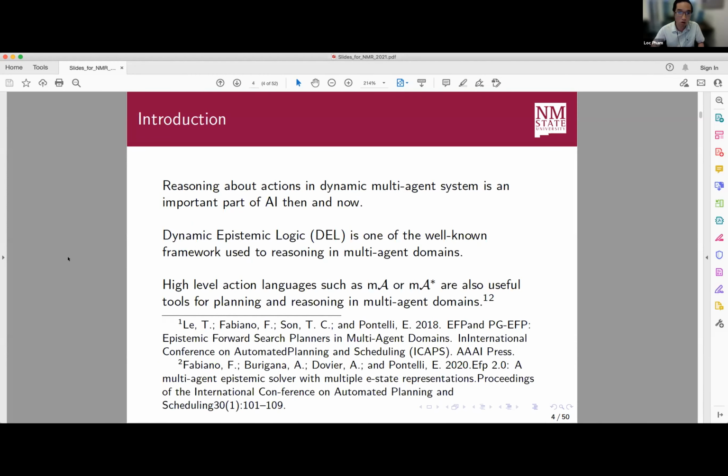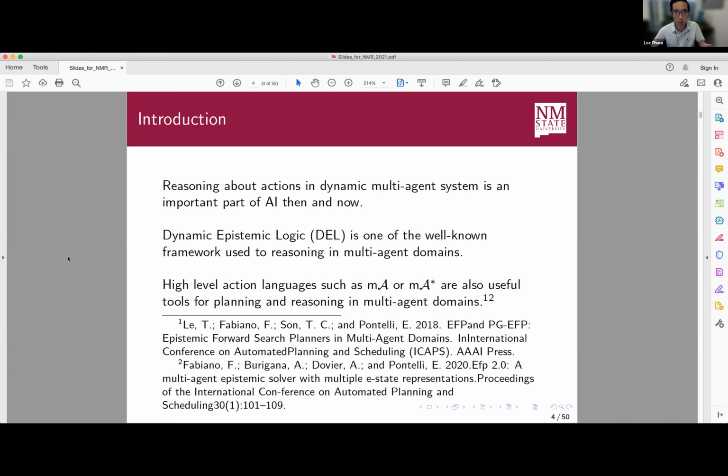As we know, reasoning about actions in dynamic multi-agent systems is an important part of AI. There are some frameworks, such as epistemic logic or dynamic epistemic logic, that handle this kind of problem very well.